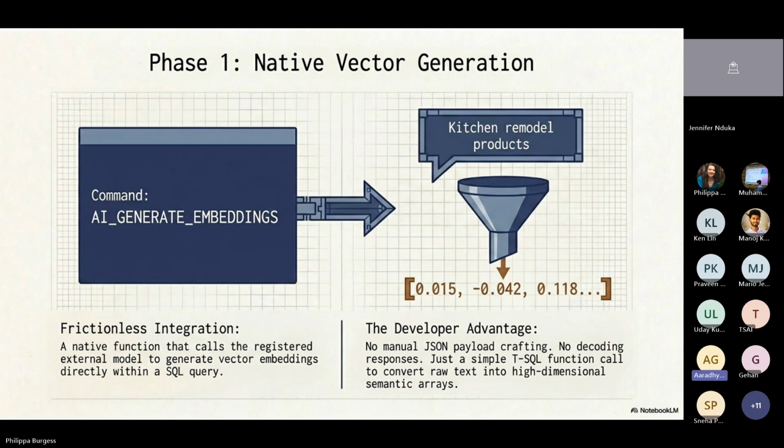So now let's see how ai_generate_embeddings works. Let's look at how this function operates under the hood when you execute a query containing ai_generate_embeddings. You basically pass two primary parameters: the name of the registered external model and the raw text data.